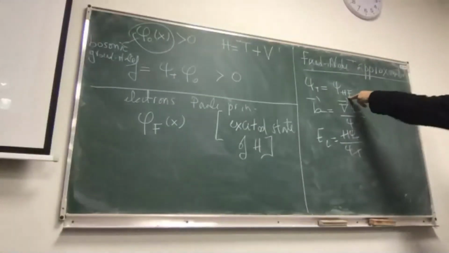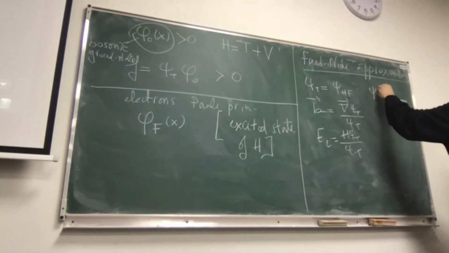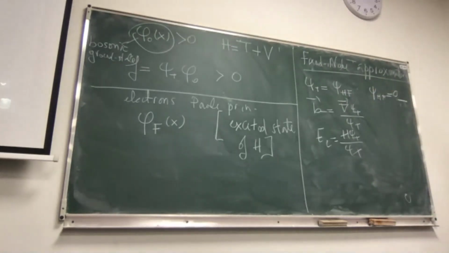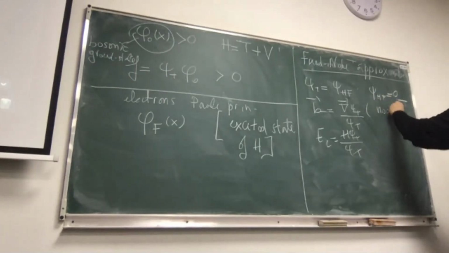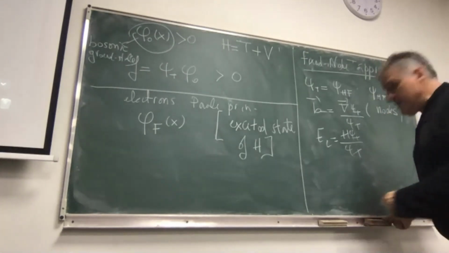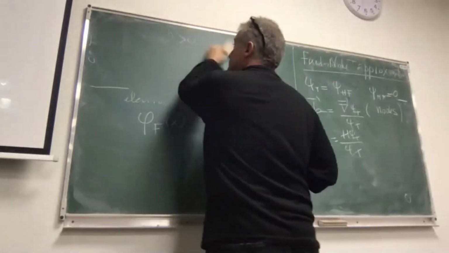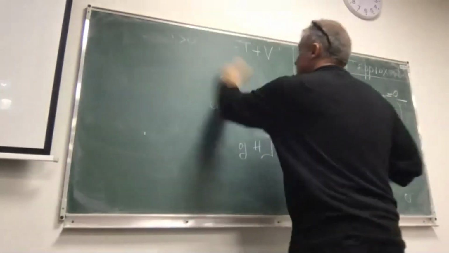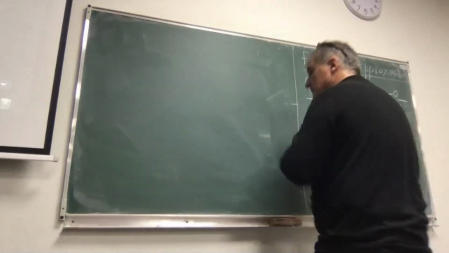Because when you have an antisymmetric wave function, you have some places where it is zero. These are called the nodes. So if you have an antisymmetric trial wave function, which will always be the case, you necessarily have psi t which vanishes.